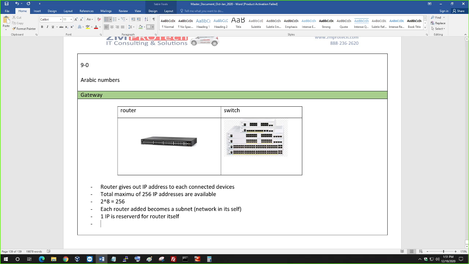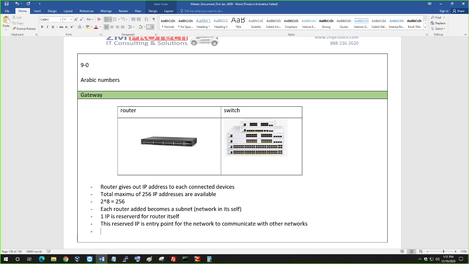And this reserved IP is the entry point for the network to communicate with other networks. Okay, so that is that.